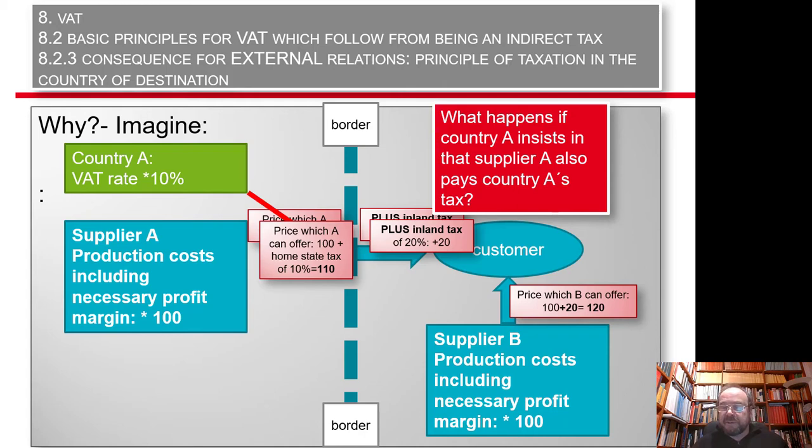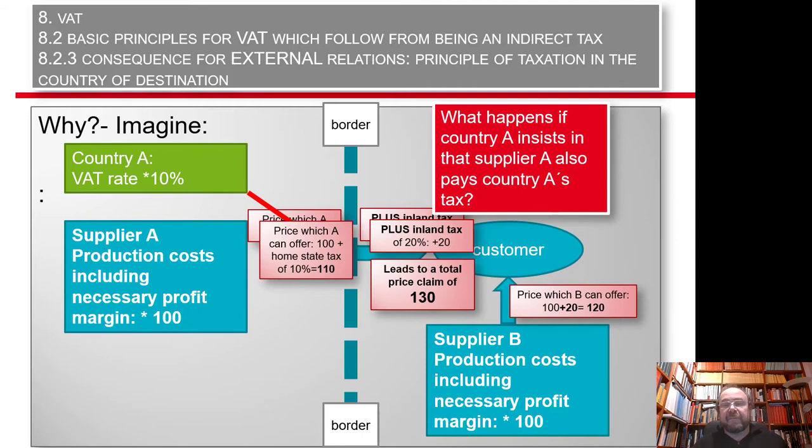But don't quarrel or dispute about that. We would have now a minimum price of 130 or 132 for the foreign product, and that would simply exclude all suppliers from country A from the market in B. They are too expensive. Two times VAT on one single product.